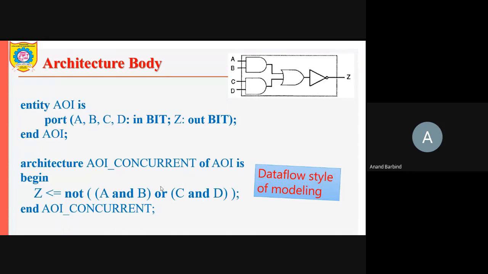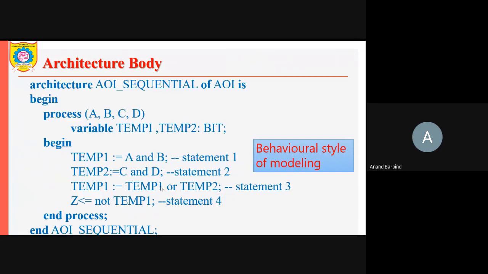Now this particular program can be written in the other fashion, and that is the behavioral style of modeling. This type of modeling is similar to writing a program which we usually write in a higher level language.